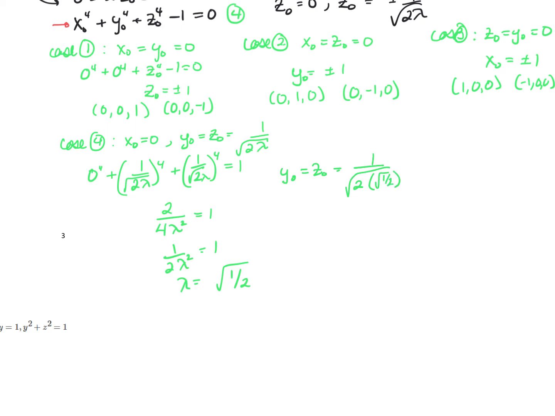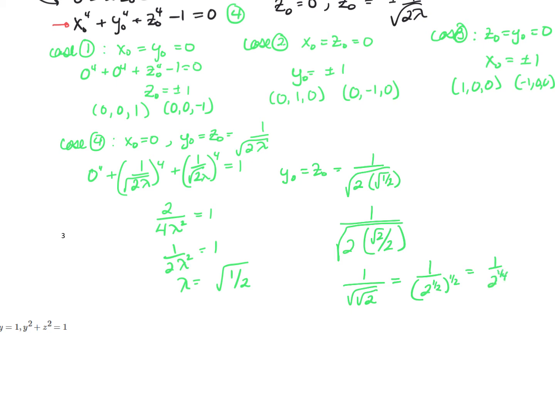Now, let's talk a little bit about the algebra. Nice little refresher here. This is 1 over, I'm going to write this large, so it's going to be 2, and then I'm going to rationalize the denominator, so it's going to be the square root of 2 over 2. And then what ends up happening is that I have 1 over the square root of 2, which if I write this as 1 over 2 raised to the 1/2, this gives me 1 over 2 raised to the 1/4.